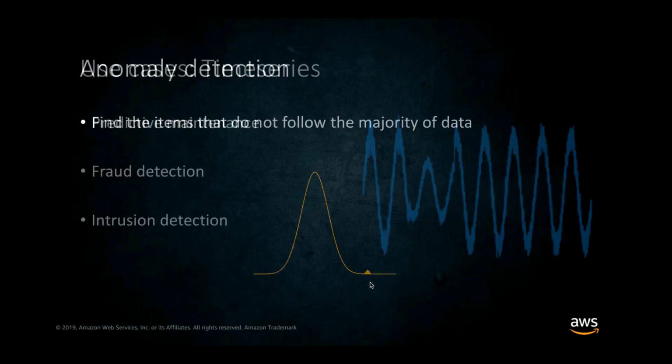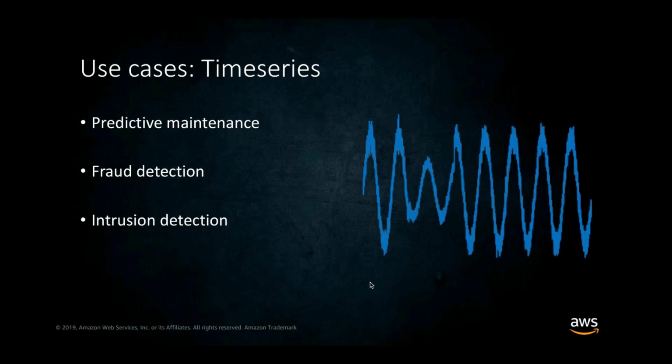There are different use cases for anomaly detection. When we think, for instance, about time series, then there are use cases like predictive maintenance. Predictive maintenance is all about trying to predict whether a machine is working normally or whether there is some sort of anomaly that may indicate that the machine may fail in the near future.